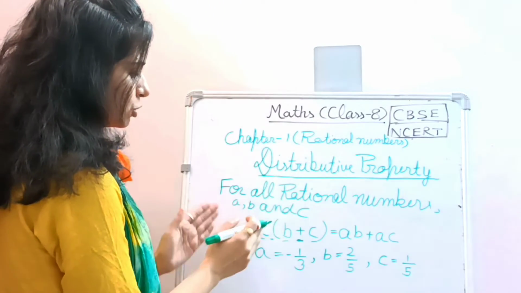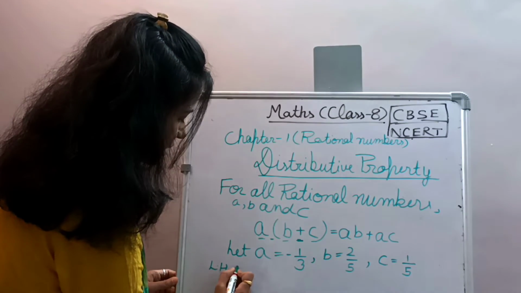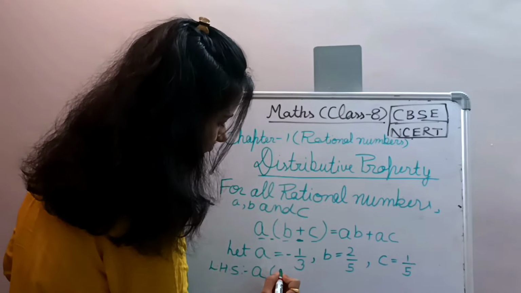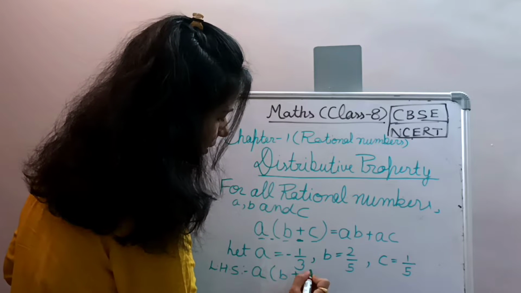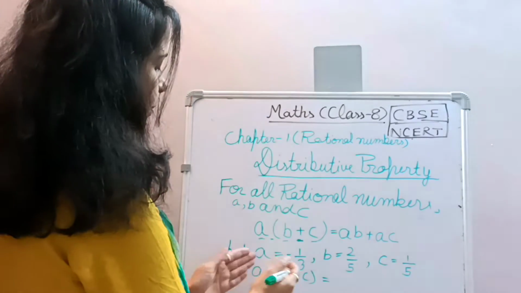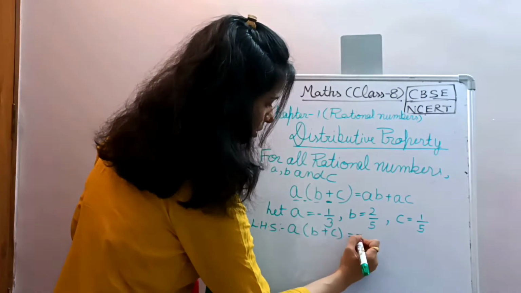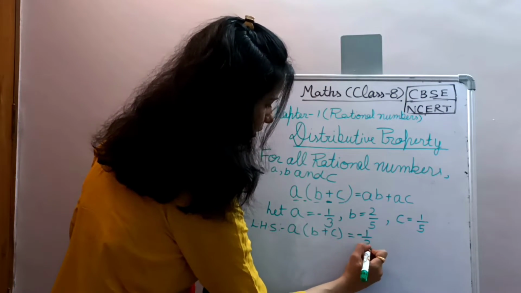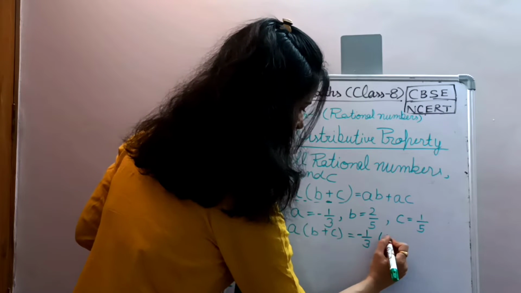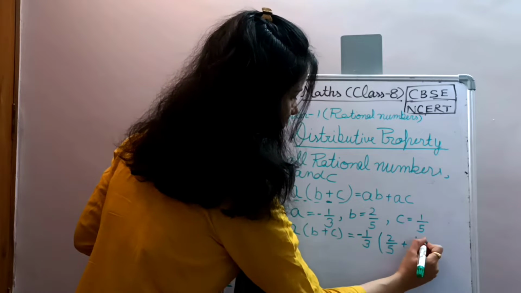Firstly, we'll take left hand side, which is A multiply B plus C within bracket, and just put the value of A, B and C in this: minus 1 upon 3 into 2 upon 5 plus 1 upon 5.